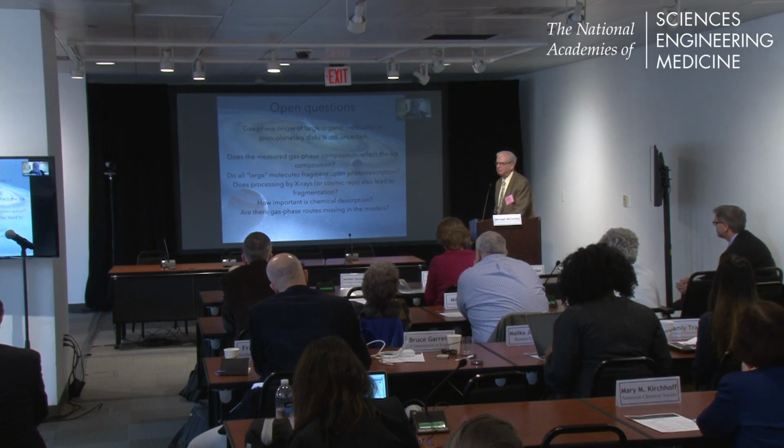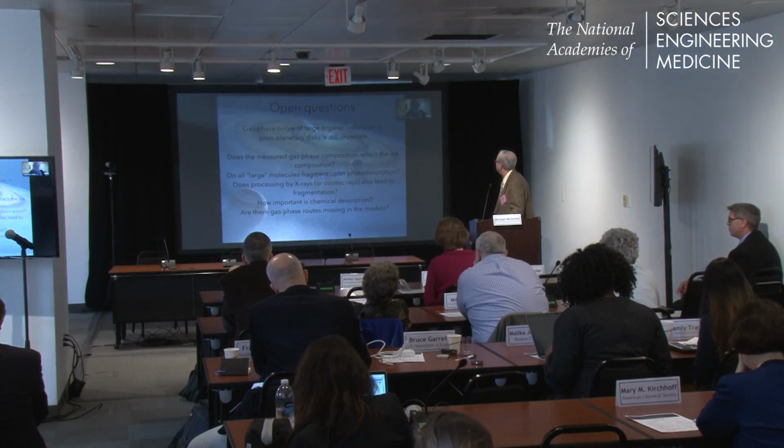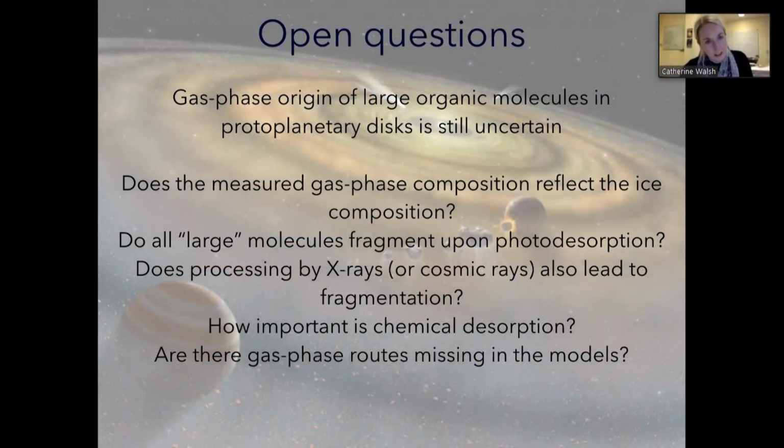Yes, I think it's all to do with how the molecule redistributes the energy that it has. Eric, you're the chemist, so you maybe know better than I. When I talk to people about this process, if the UV photon is absorbed by the molecule and it has degrees of freedom in which to dissipate the energy, including fragmentation, then that's the path that it may take. I don't know about your feelings on chemical desorption.